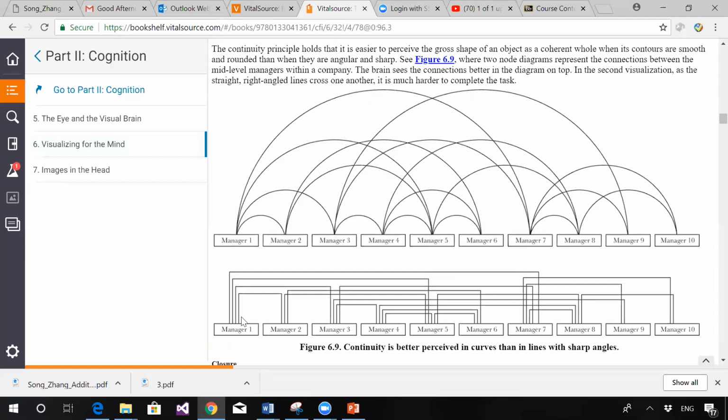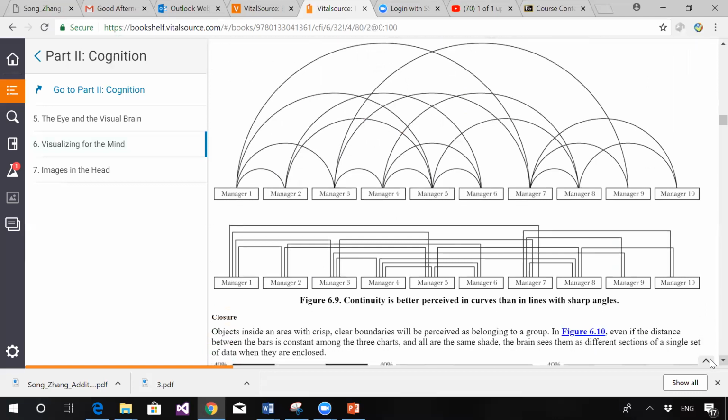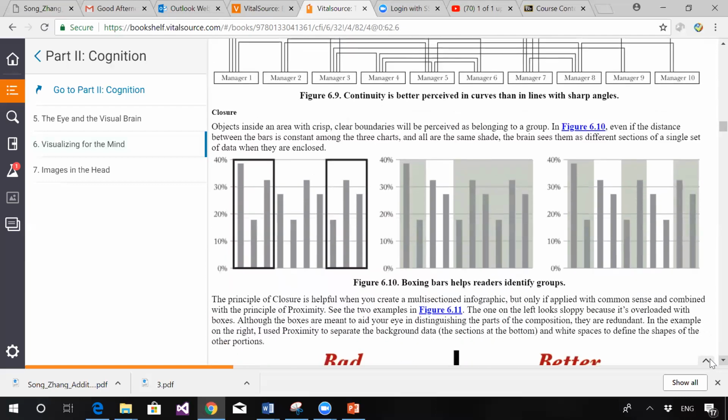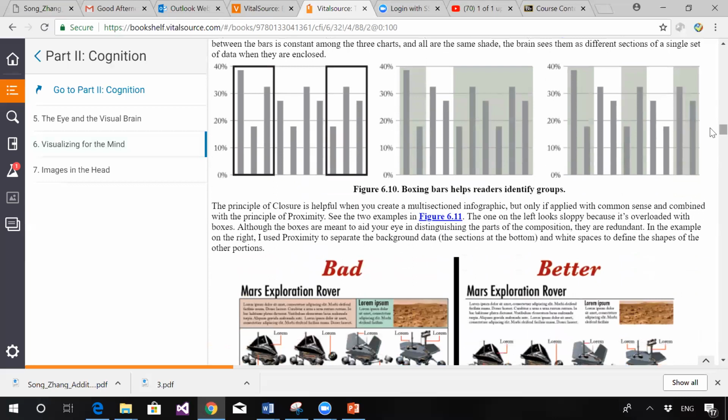If we use an angled line instead of a smooth line, it feels not so intuitive, not so direct and comfortable to see the groups, to feel the connectedness.